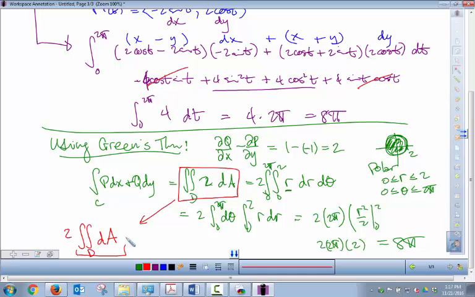Say from the exam? It's the area under a surface. The surface is a plane 1. Numerically, it gives you the area of D. So this is 2 times the area of D, which D is a circle of radius 2, so pi r squared business. Okay?